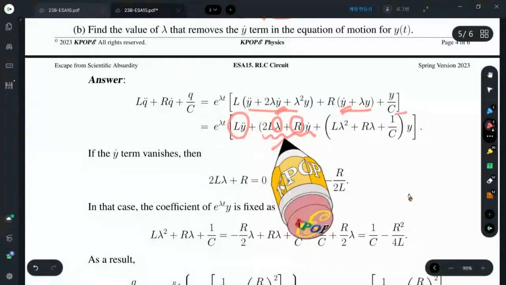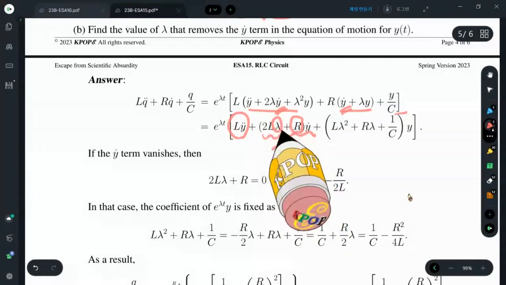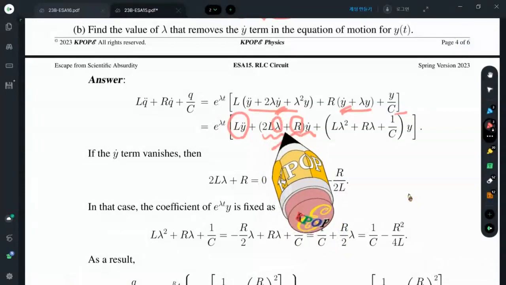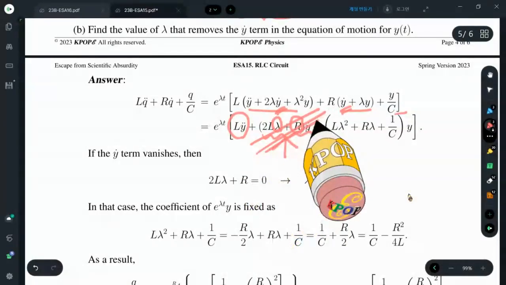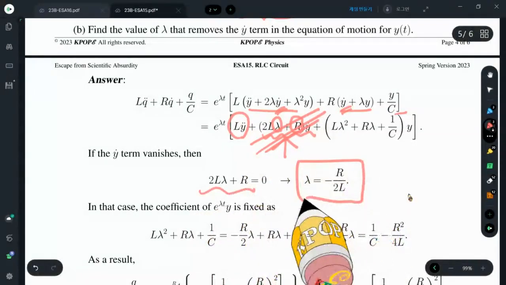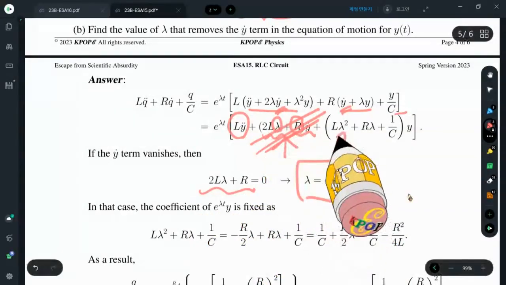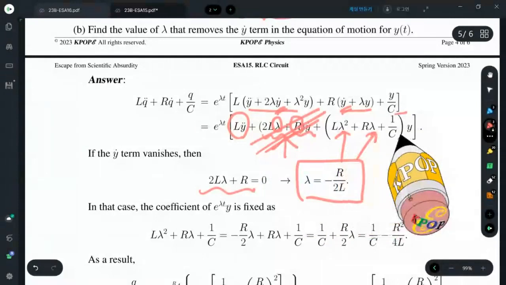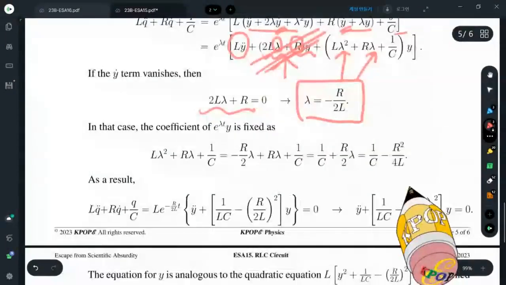So if I look at this term, I can find a value of lambda that kills the first order derivative. So I realized that the solution for lambda is that. So that value can be substituted in here to simplify the remaining constant piece.